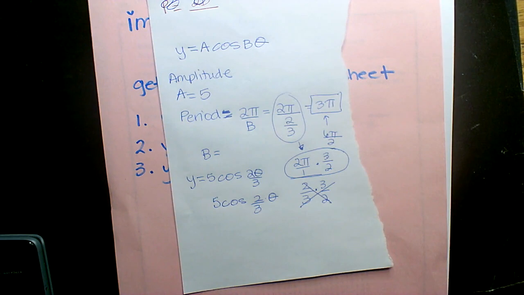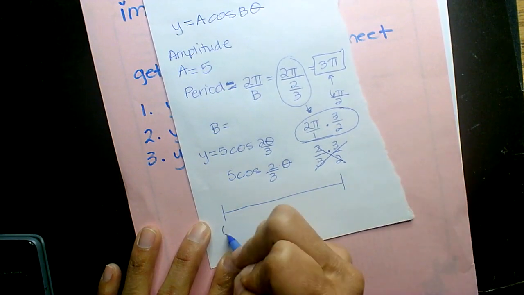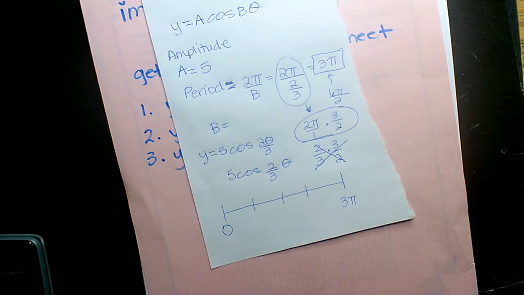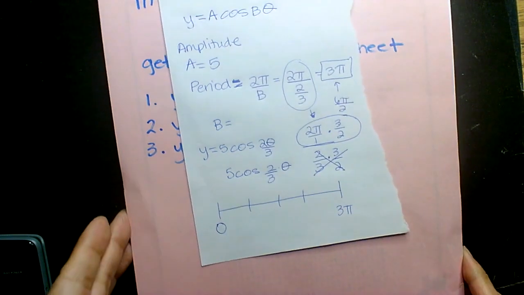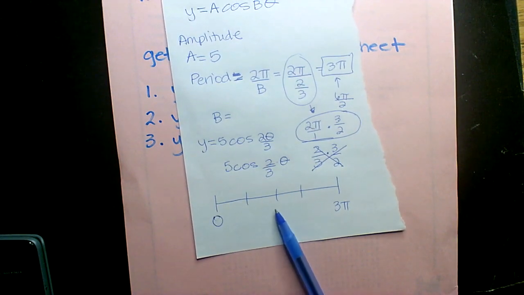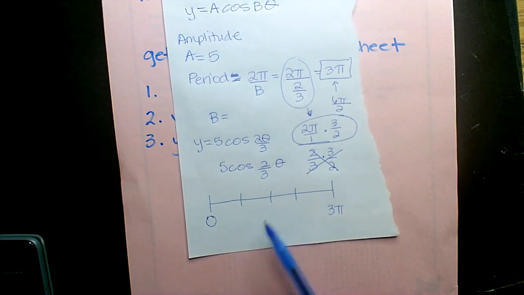Okay, so now you guys are at 3 pi. Now can you cut your graph into 4s? So 0 to 3 pi. You're welcome to convert it to degrees. Here though, what's my second marking going to be? 3 pi over 2.